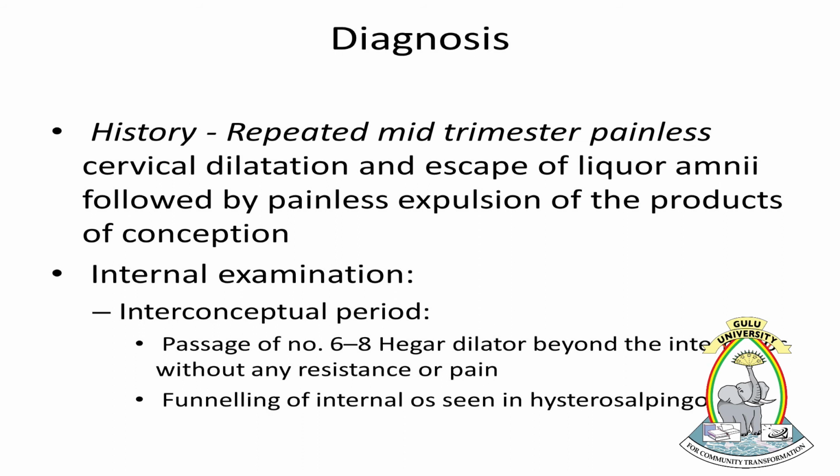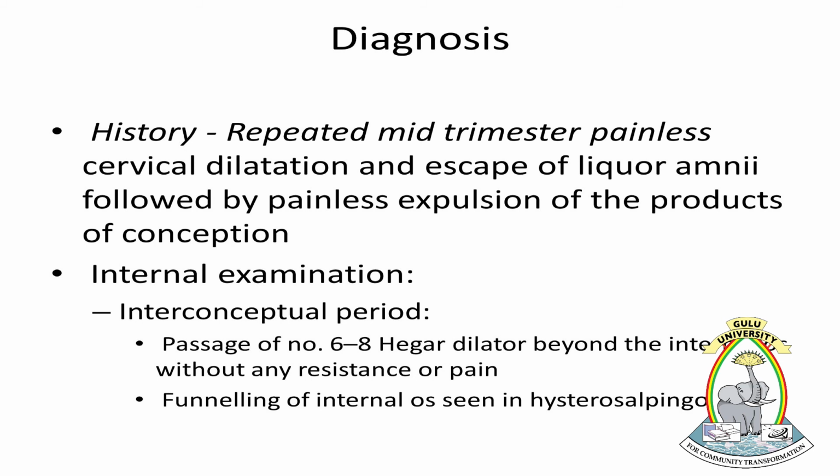The history is that these women present with mid-trimester painless cervical dilatation and the escape of liquor amnii. So normally they start draining water, and by the time they start draining water, probably the cervix is already dilated more than 4 centimeters.